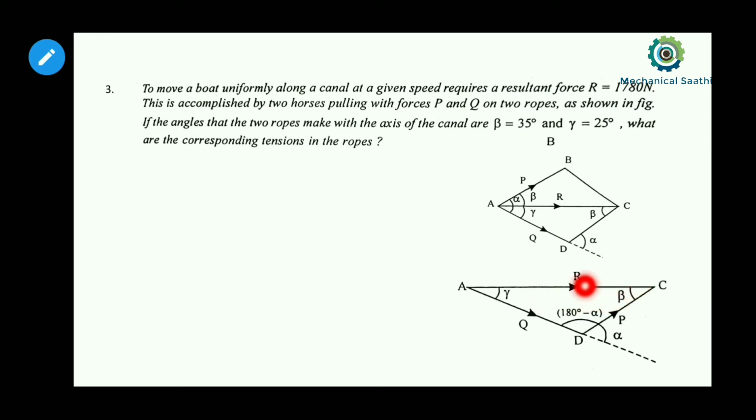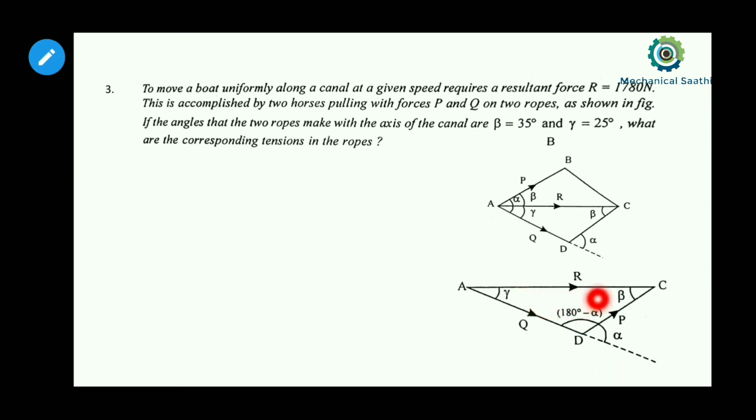The summation of all angles inside any triangle gives 180 degree, so obviously this angle will be 180 minus alpha. We know all these angles, and if we simply apply the sine law in this triangle, we can find all these sides, and in that way we can find all these forces.